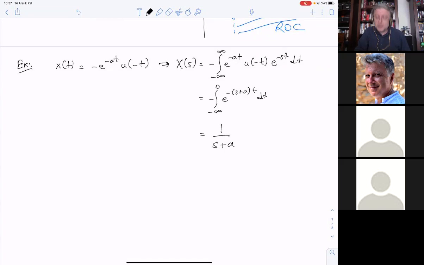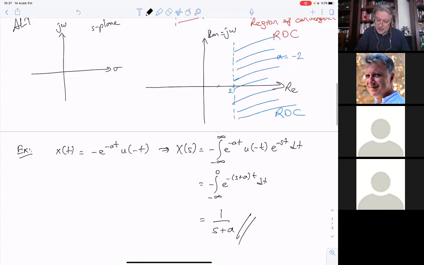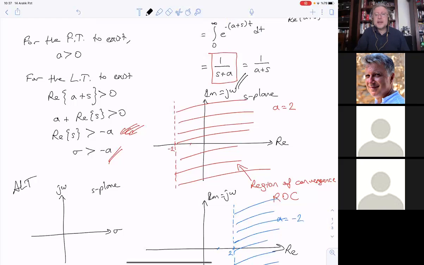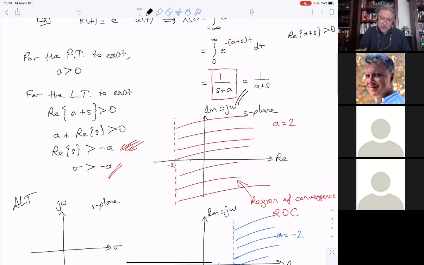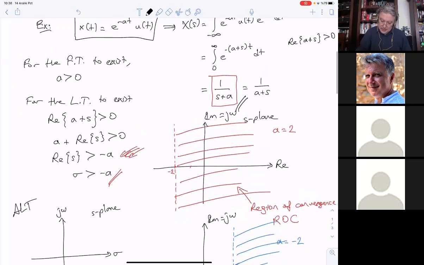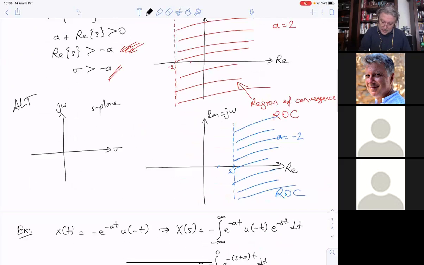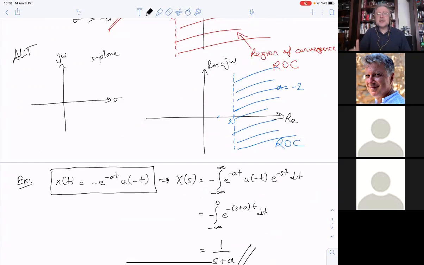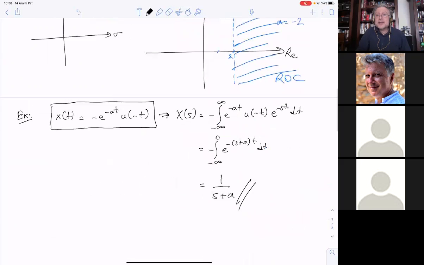But we have a problem, right? Look at this: 1 over s plus a and 1 over s plus a. They are the same. So the Laplace transform of e to the minus at u of t and of minus e to the minus at u of minus t, another signal, clearly a different signal, are the same.